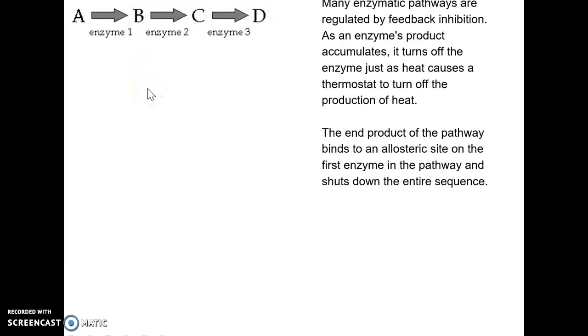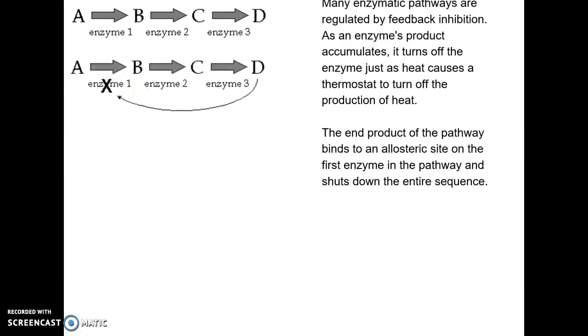And so if we inhibit with the furthest downstream product, if D inhibits enzyme 1, then that will give us a good inhibition, because D inhibits enzyme 1 only if there was too much D. Then there wouldn't be any more B, there wouldn't be any more C, then there wouldn't be any more D, and that would relieve the inhibition.